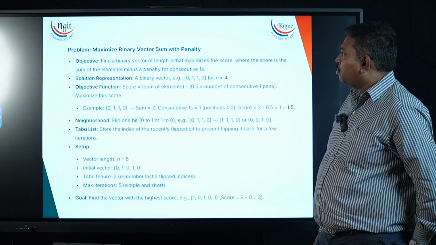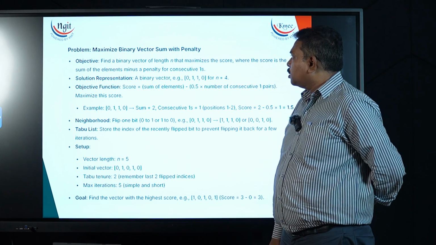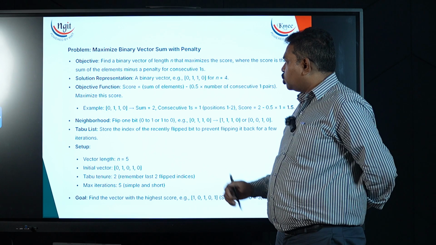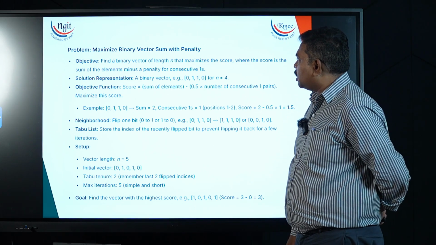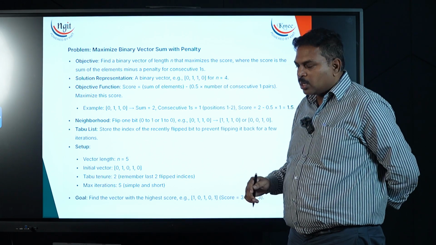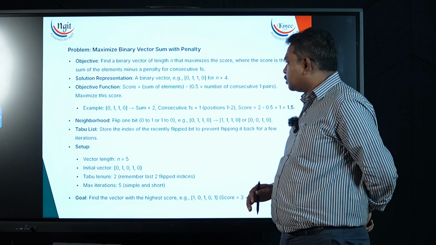Now let us see one problem, how tabu solves it. Suppose I have a problem: maximize the binary vector sum. Suppose I have a binary vector 0, 1, 1, 0. What is the sum of this binary vector, with n equal to 4, means a binary vector of 4 elements?